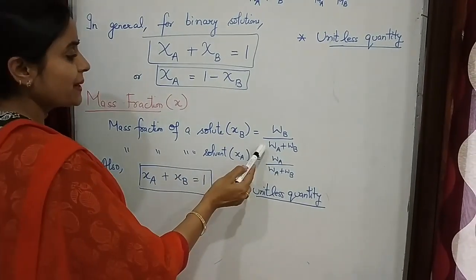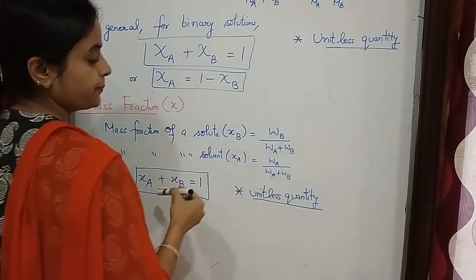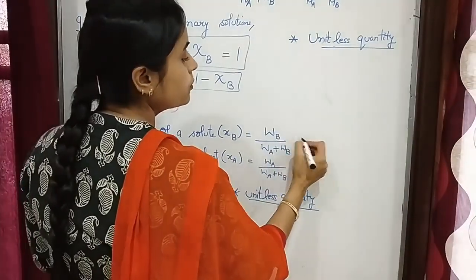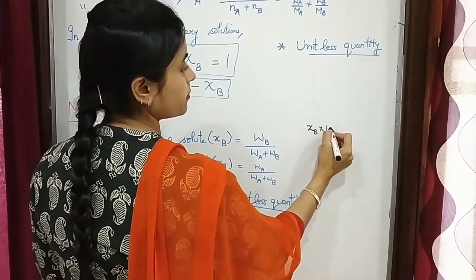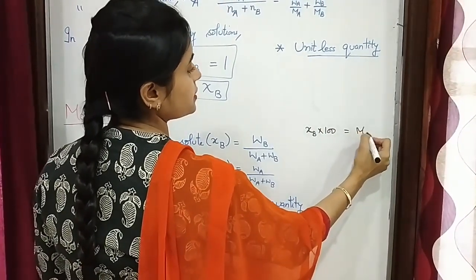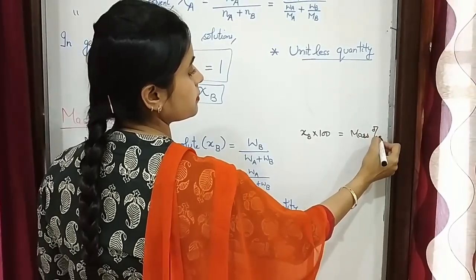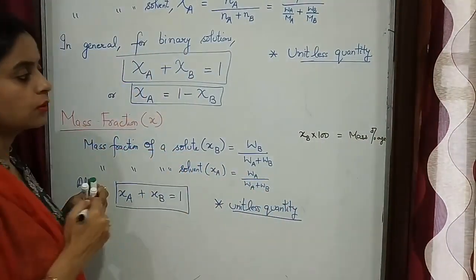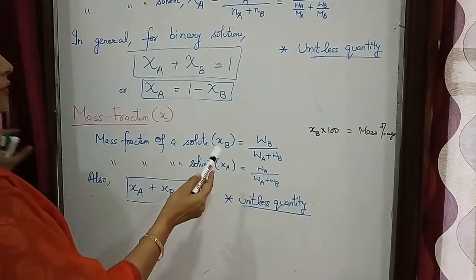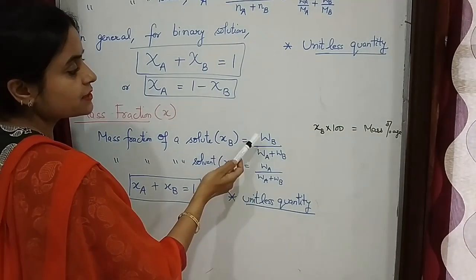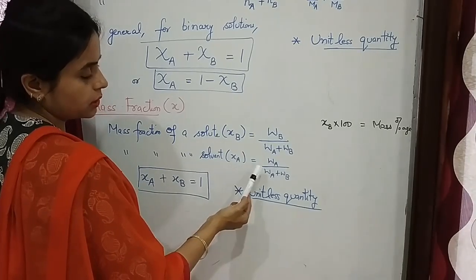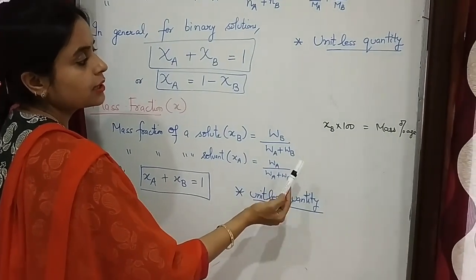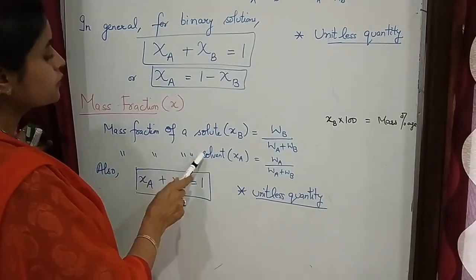If we multiply this mass fraction by 100, it will give you the mass percentage of both solute as well as solvent, because mass percentage is the mass of solute upon total mass into 100. Here also if you multiply this expression by 100, then you get the mass percentage of solvent.